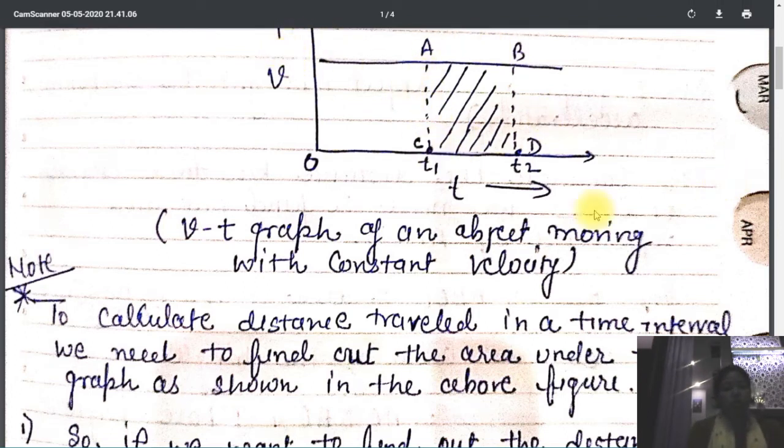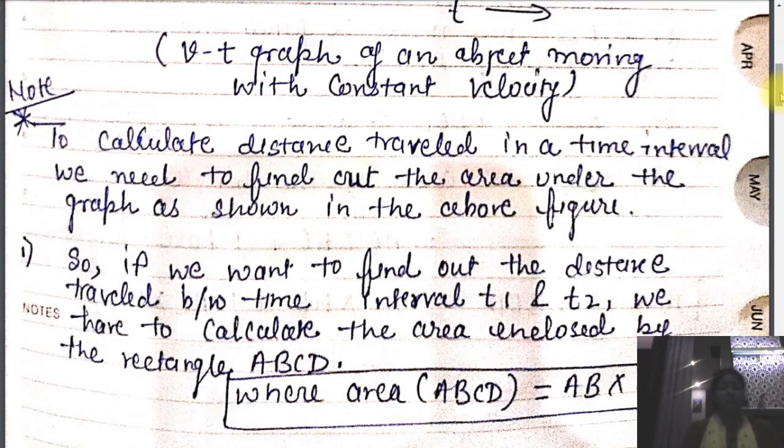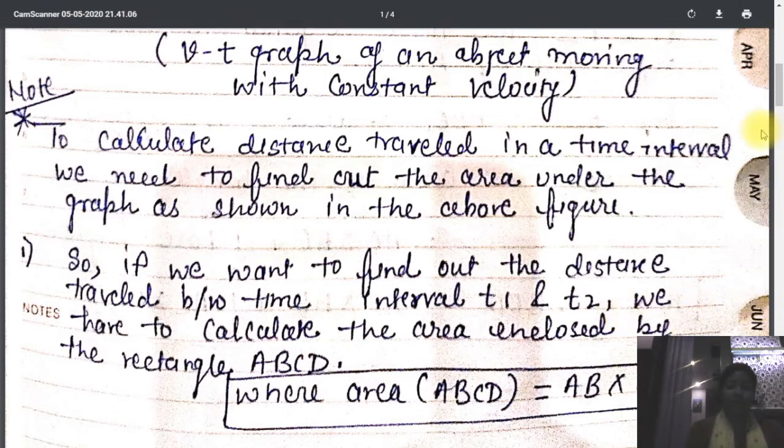To calculate the distance traveled in the time interval, we need to find the area under the graph as shown in the above figure. So in the very first case, if we want to calculate the distance traveled between time interval t1 and t2, we have to calculate the area enclosed by the rectangle.